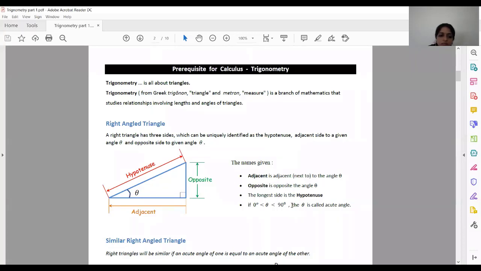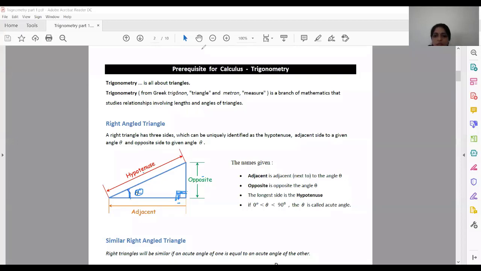If this is our right angle triangle, we consider this as an angle 90, and from the other two angles, if we talk about this particular angle theta, this side is adjacent and this one is the opposite side, and the side opposite the angle 90 we know as hypotenuse.